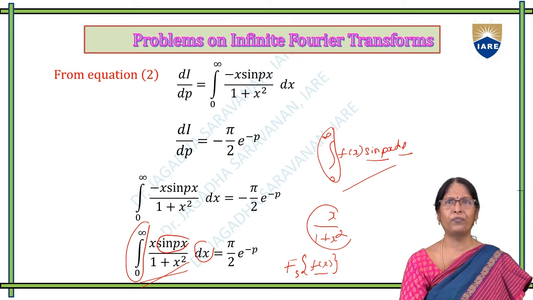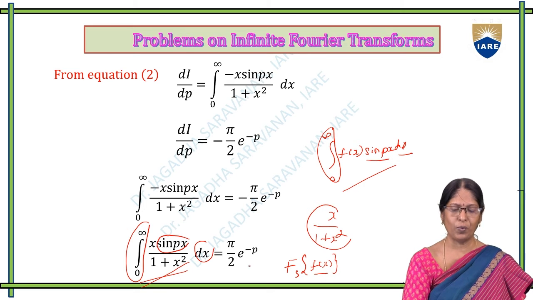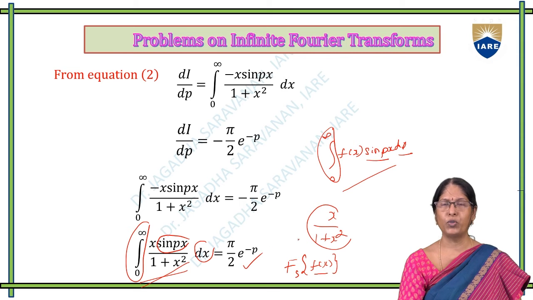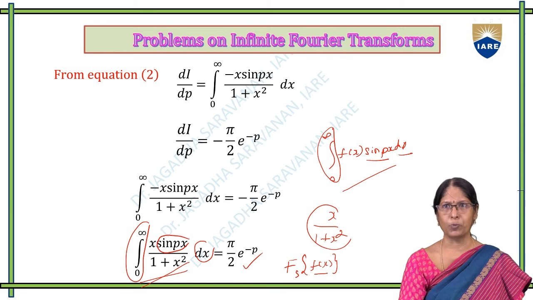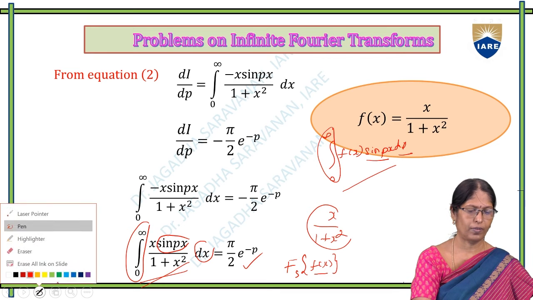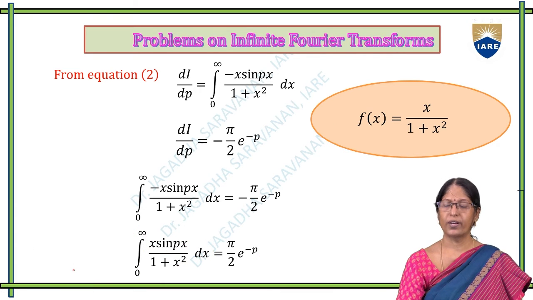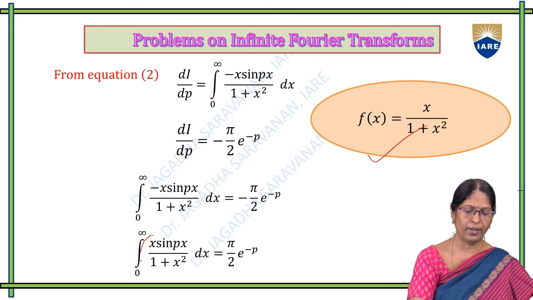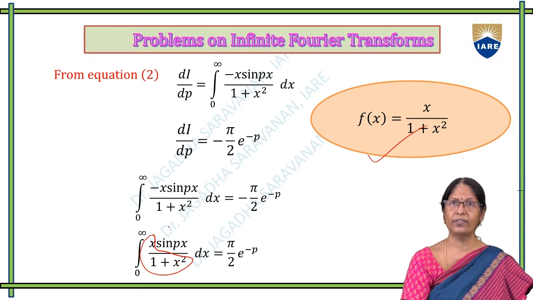Such a beautiful problem this is. So the Fourier sine transform of the function f of x equals pi by 2 e power minus p. That's what is given. This is our f of x.